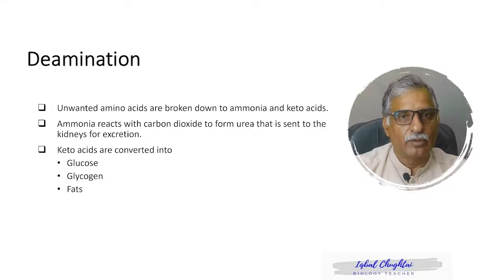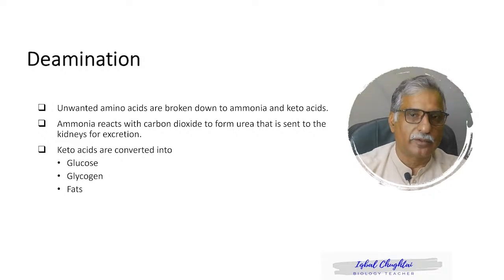Urea is less toxic than ammonia, can be retained in the body for some time, and needs less water to be excreted. So urea is produced by the liver during deamination and is later carried to the kidney, where it is filtered out and excreted from the body as a component of urine.